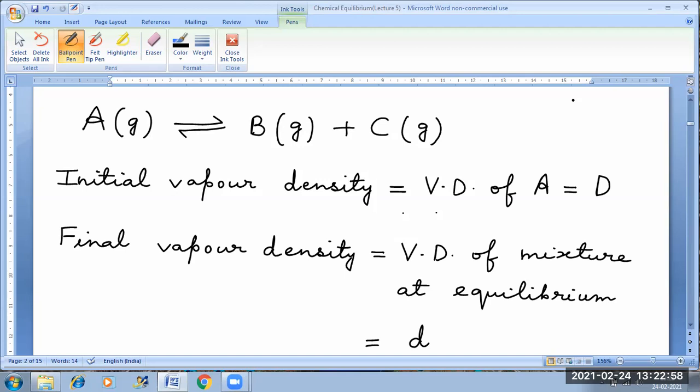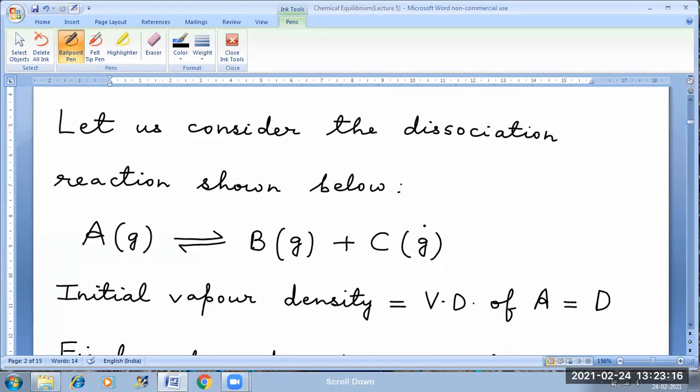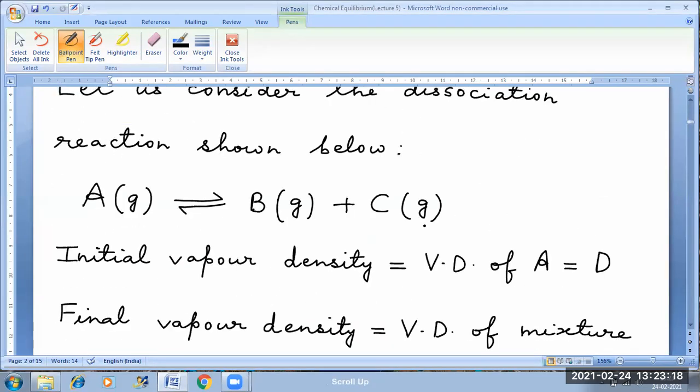Now see, Vd is short form of vapor density. Now I'm asking a question. Answer that question after looking at all these things.